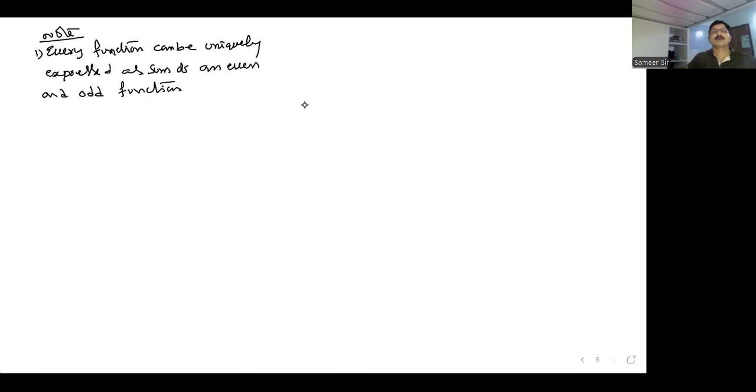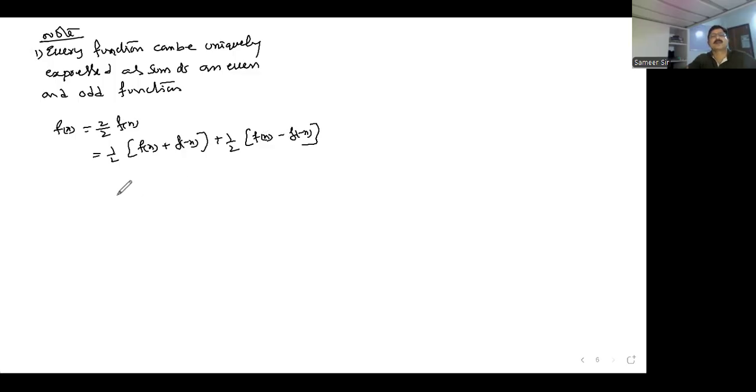Okay, related to these two functions, one more most important point is that every function can be expressed uniquely as a sum of even and odd functions. अब यार डाउट आ रहा होगा क्या कर रहे हैं सर, आप बोलो। देख भाई मैं क्या कर रहा हूँ, f of x ऐसा लिख रहा हूँ, half of f of x plus f of minus x लिख लिया। यार ये 1/2 प्लस डिफरेंट वे में लिख रहा हूँ। देख f of x minus f of minus x, ये क्या है भाई, even function. ये क्या है यारो, odd function.